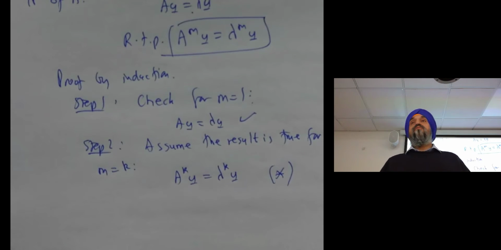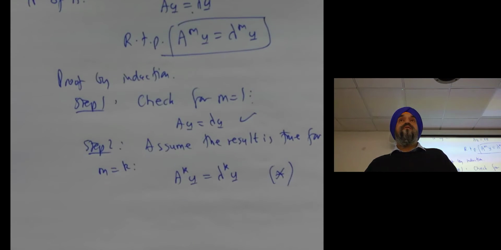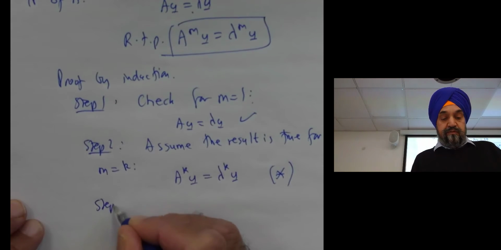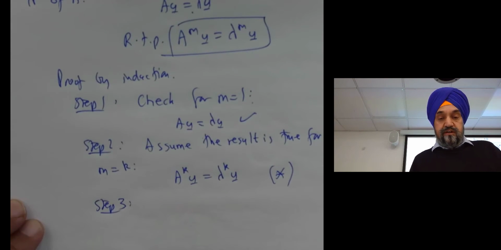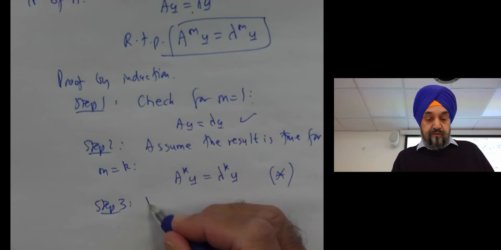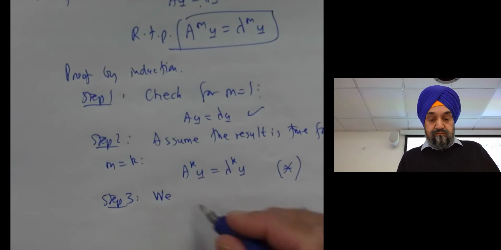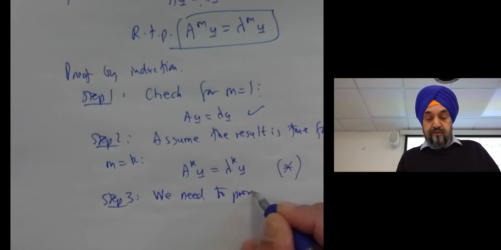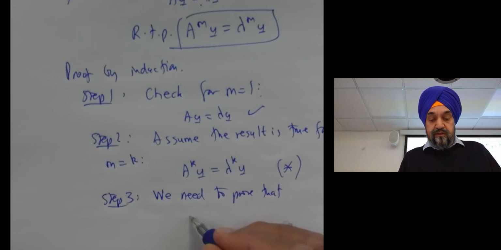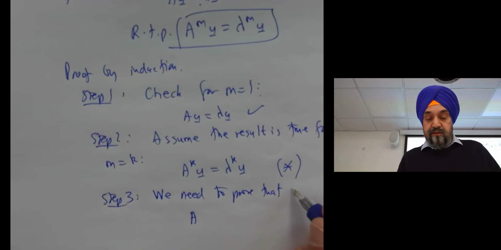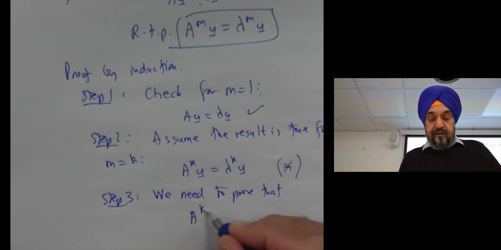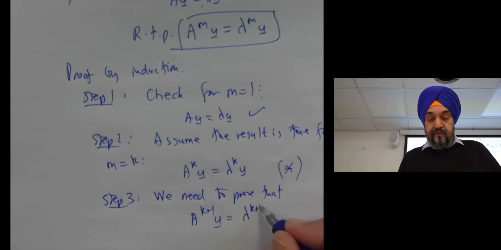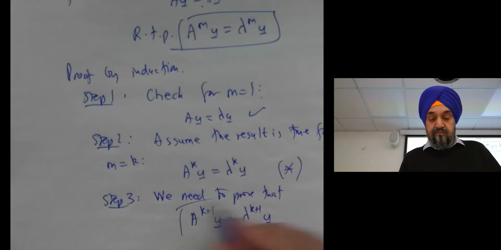So what's step 3 then? We've got to prove it. Step 3: we need to prove that A to the K plus 1 times U is equal to lambda to the K plus 1 times U. That's what we want to prove.